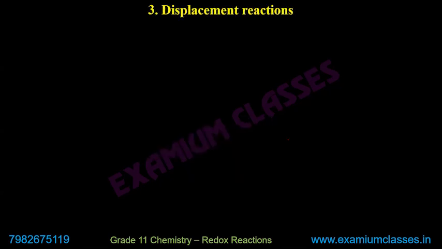Next one is the displacement reaction, and it is very simple, similar to one we have already done. The only thing is we will be talking about two types of displacement reactions. One is metal displacement and the other is non-metal displacement. As the name says, in metal displacement a metal is displaced, and in non-metal displacement a non-metal is displaced.